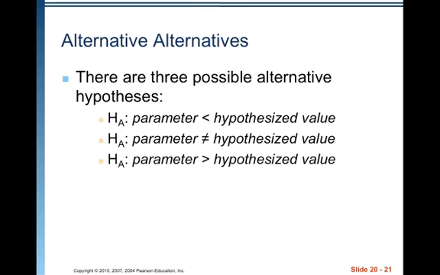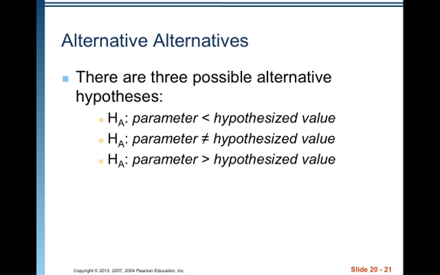All right, alternatives. There are three possible alternative hypotheses. Either our alternative is that we believe the parameter is less than the hypothesized value, or we believe that the parameter is just not equal to the hypothesized value, or we believe the parameter is greater than the hypothesized value. Okay, if we have no good reason to think of a direction, either less than or greater than, we go with the not equal to.